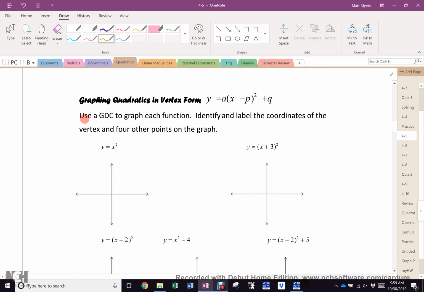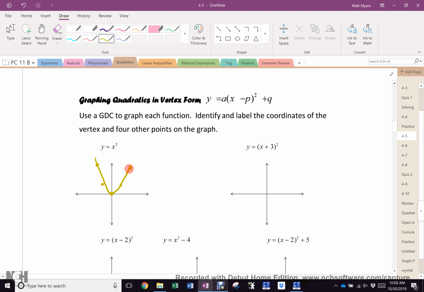There's the easiest one. It says use the graphing calculator, but we're not going to. All right, what does this guy look like? We already know. It starts at 0, 0. And because it's the normal one, I'm going to go right 1 and up how far? 1. 1 squared is 1. Then when I go out 2, how far up? 4.